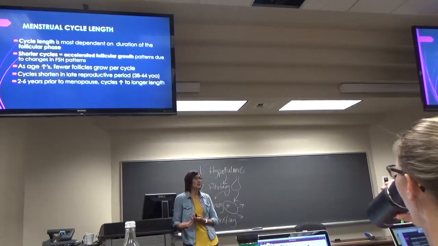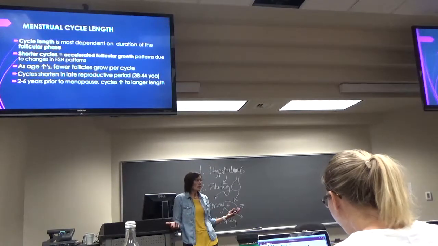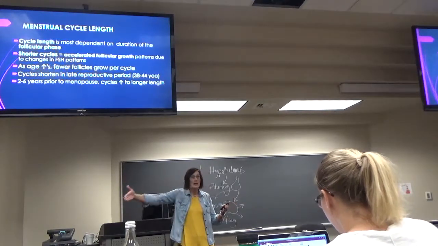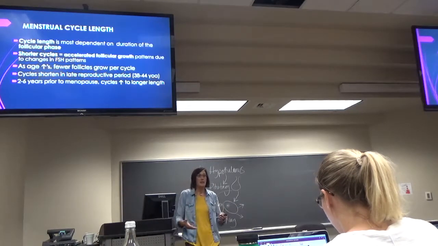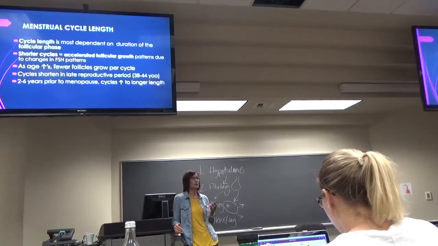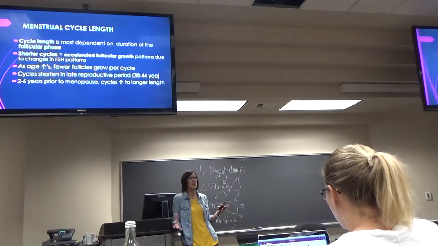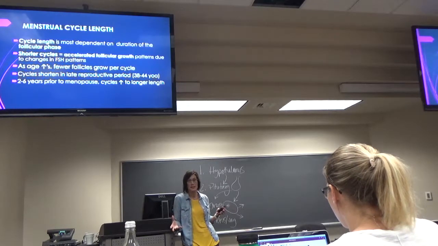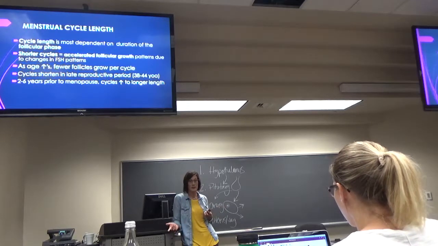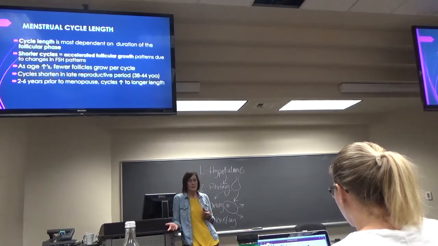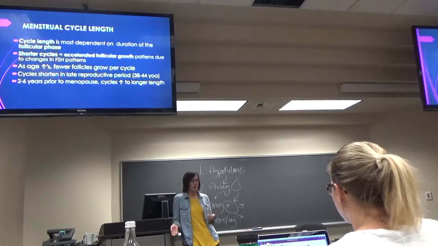What I do want you guys to know is that the length of the cycle, meaning if they start stretching out and things aren't happening every 28 days like they should, it's usually due to the follicular phase, something going wrong in the follicular phase. And what hormone is important in the follicular phase? FSH, and then estrogen, right?